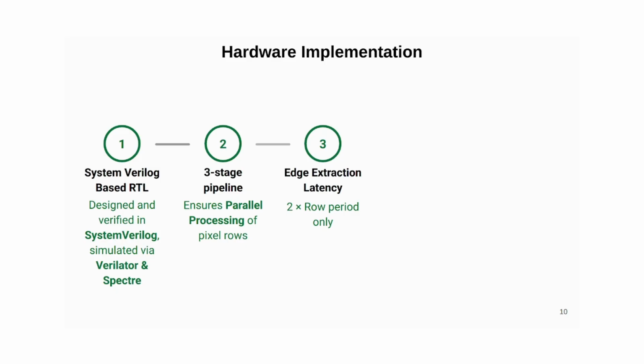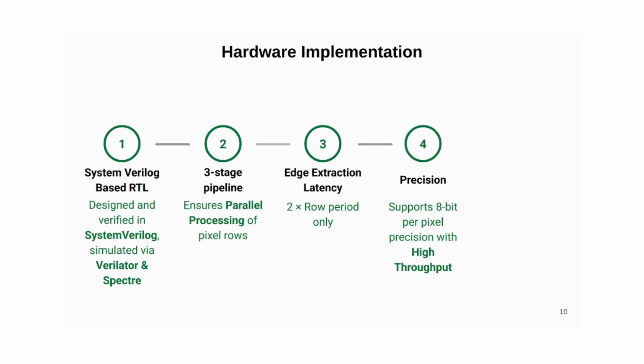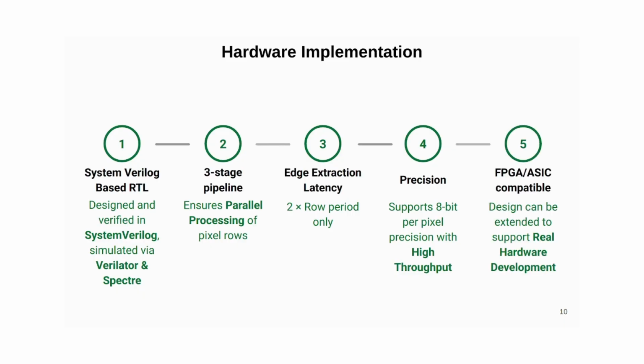As we already discussed, the latency is negligible for us, running a clock with a time period in the microsecond range. For every input pixel, we get an 8-bit edge pixel output, thus a very high throughput is observed. And since the design is FPGA and ASIC compatible, we can extend it to deploy using FPGAs or generate custom ASICs.